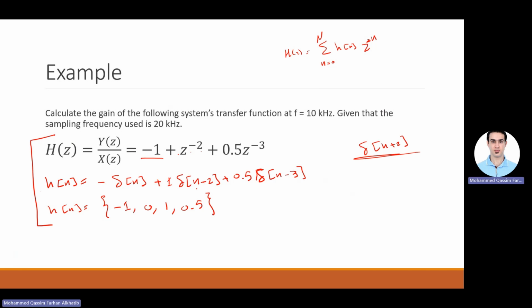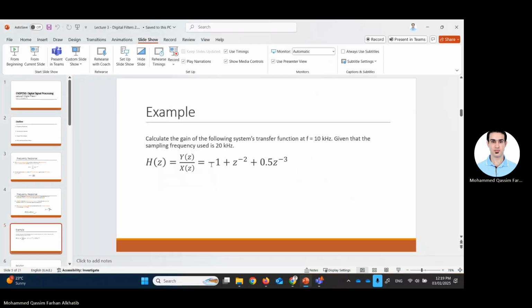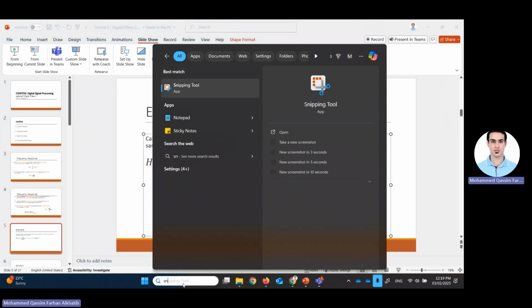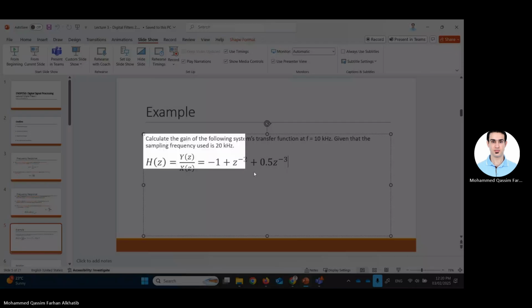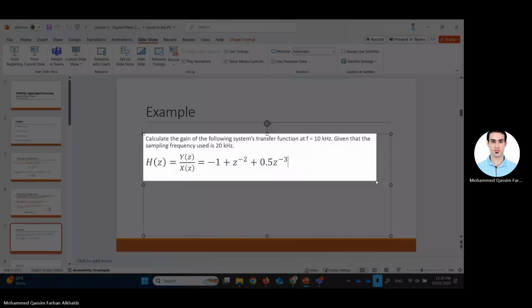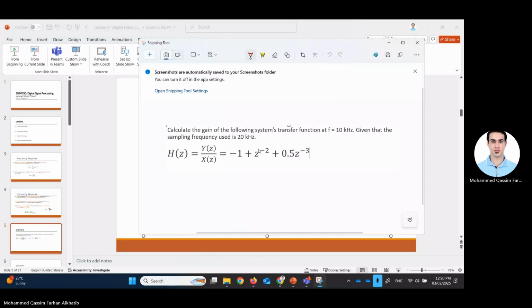All right. So let me copy the question and solve it on the whiteboard. Okay, pick tool. Copy.